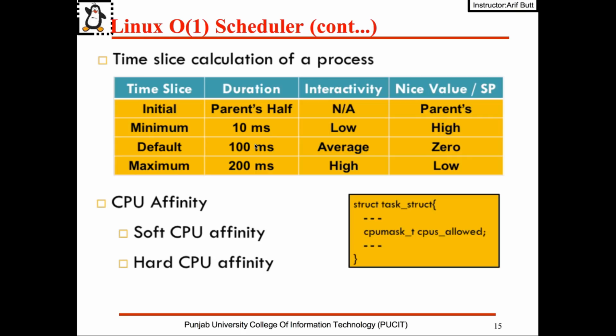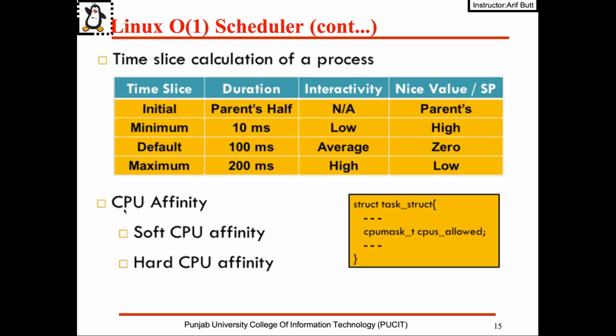For example, this table shows that if the nice value of a process is low and the interactivity of that process is high, then its time quantum is quite large, that is 200 millisecond. And if the nice value is, suppose, high and the interactivity is low, then the time quantum is 10 millisecond.